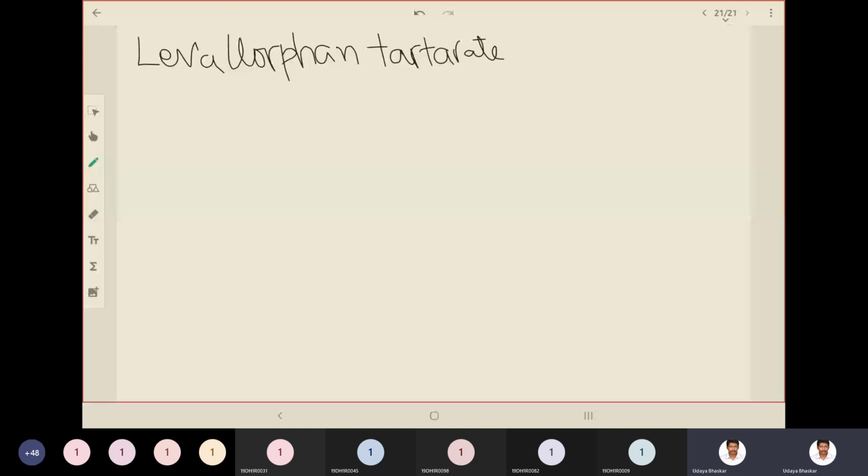Just changing the functional group makes the drug an antagonist from an agonist. That is what is required from a person having a medicinal chemistry background, to change what groups to modify the biological actions.